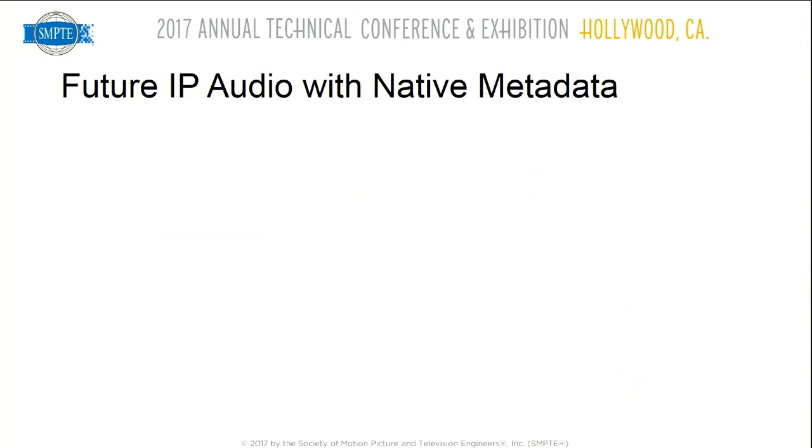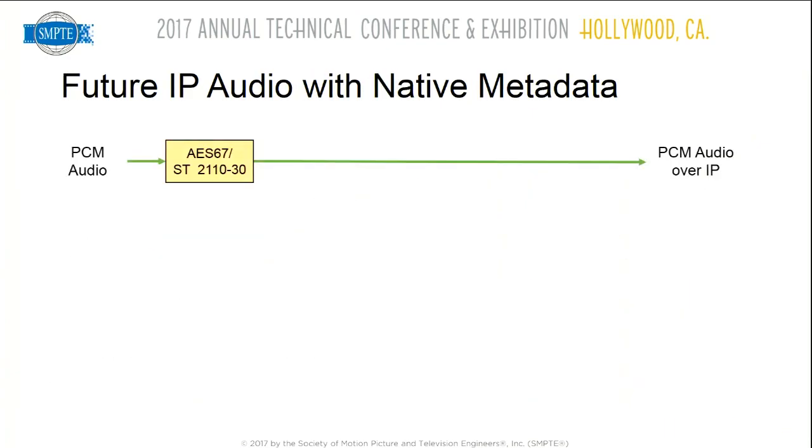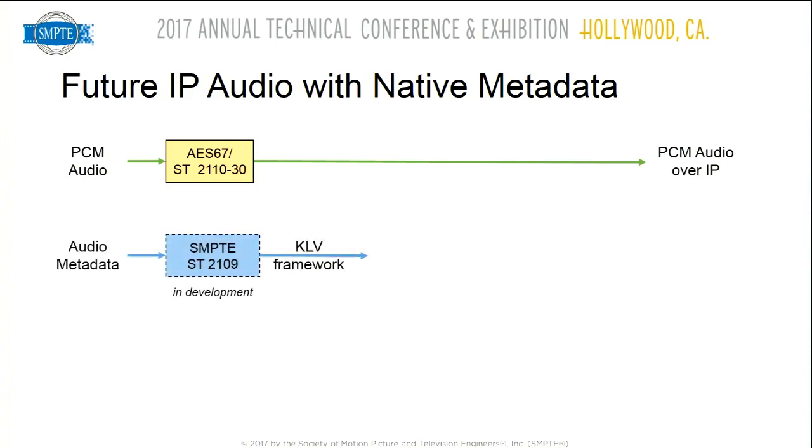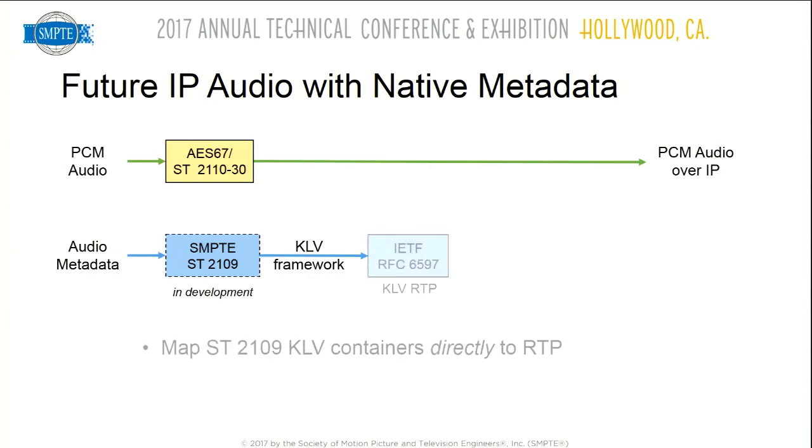So what we proposed for the future is to carry audio via the 2110 suite as -30, as is defined, and take what we're defining in 2109, the KLV framework itself, but instead of mapping it to AES3, we utilize another existing standard, which happens to be in the IETF, a particular RFC, that talks about mapping KLV to RTP streaming, RTP streaming being the other types of streams that the 2110 suite uses.